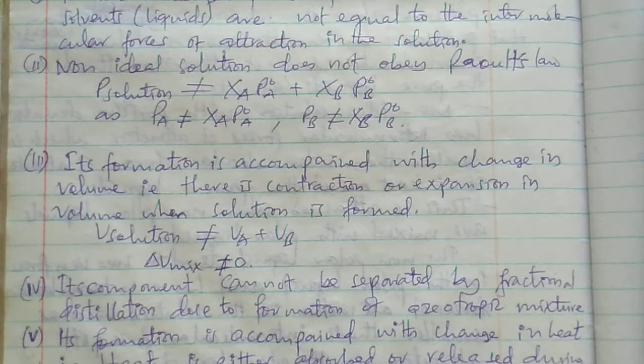Now let's say the volume of the substance has increased. The volume increased because of the decrease in the intermolecular force of attraction between the molecules of a substance. So if the intermolecular force of attraction between the molecules tends to increase, the volume will decrease. And if the intermolecular force of attraction tends to decrease, the volume will increase.